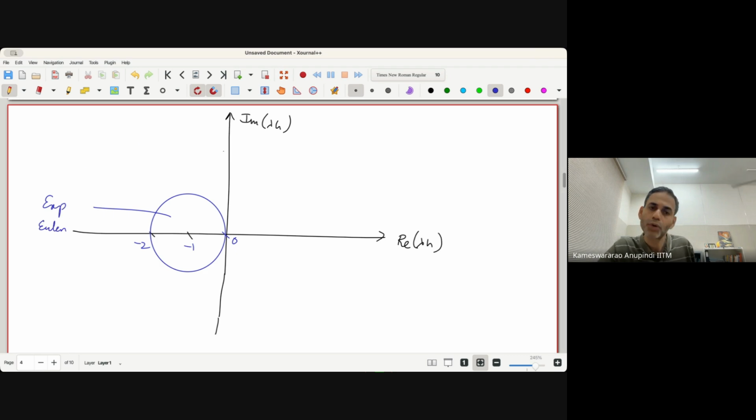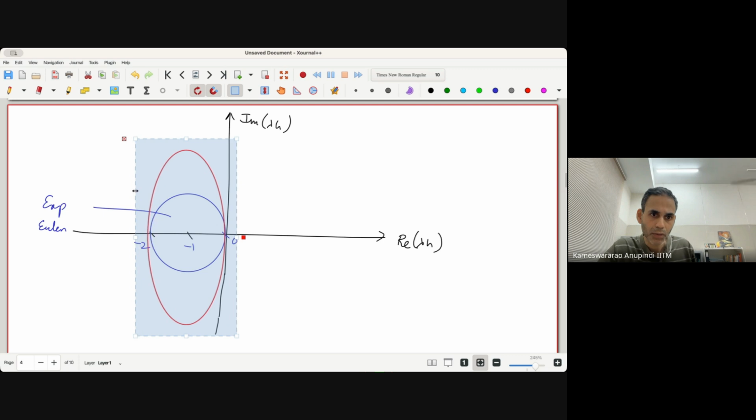Now, if you do this exercise I have just described, you're going to get a diagram that looks something like this, a little bit elongated.